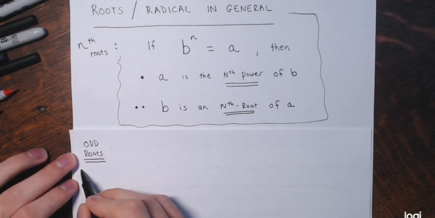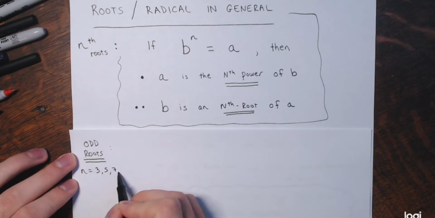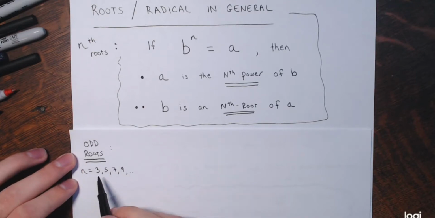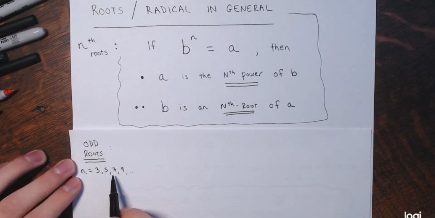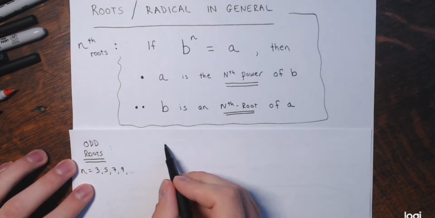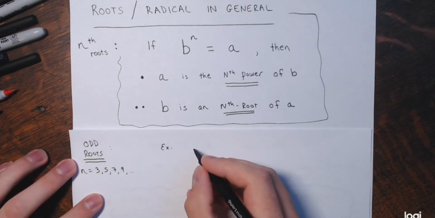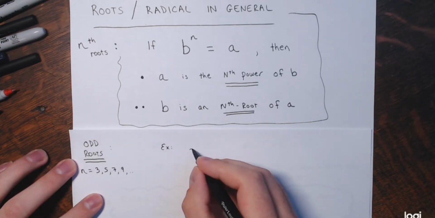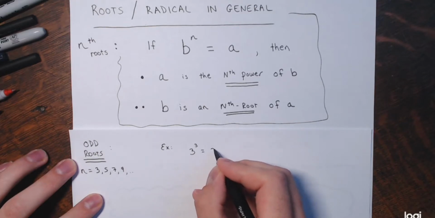So what if n were 3, 5, 7, 9? Now third root is also called cube root, right? Then you have fifth root, seventh root, ninth root, and so on. Now for my examples, if I raise something to the third power, take 3 to the third power, I'd get 3 times 3 times 3 is 27.